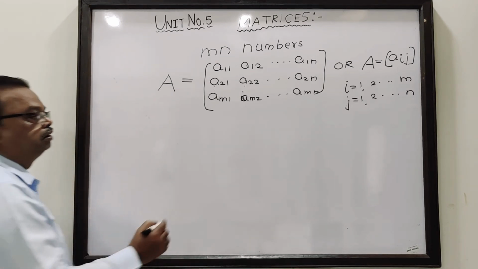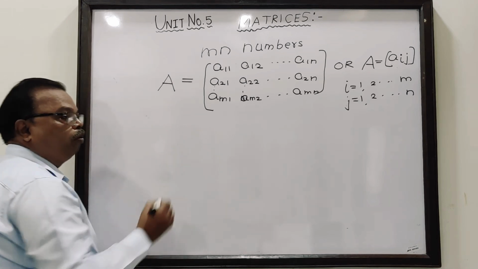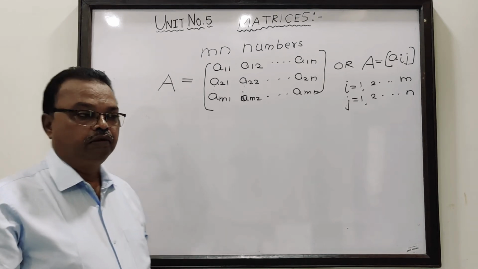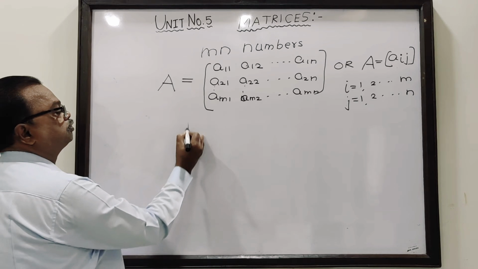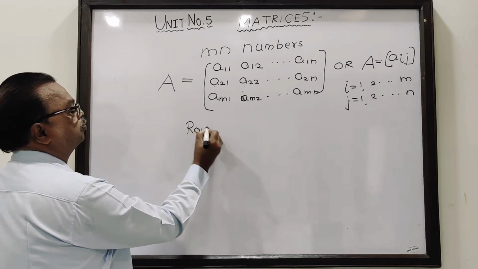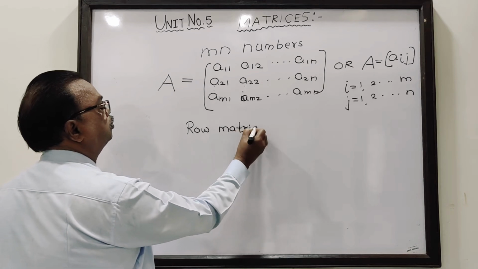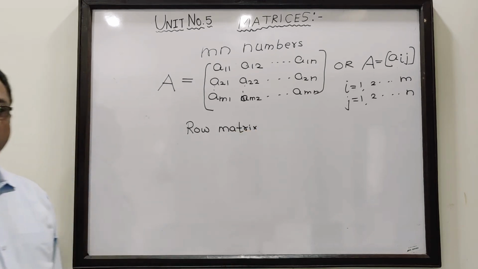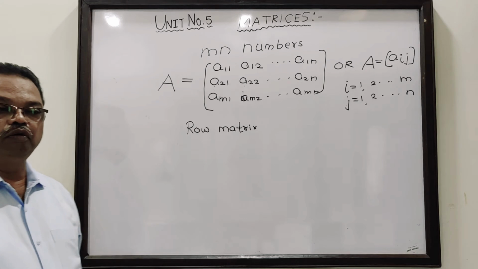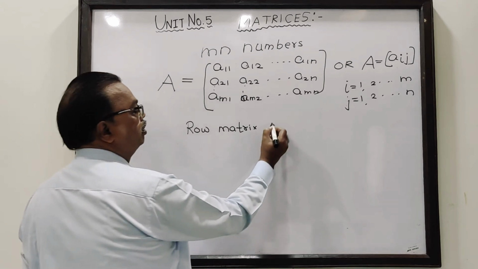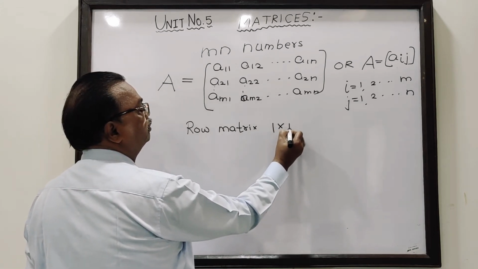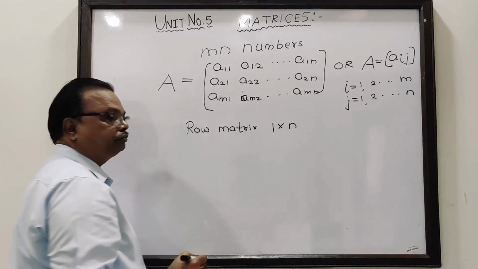Then row matrix. What do you mean by row matrix? A matrix having only one row is called a row matrix. That is, a matrix of order 1 by n is called a row matrix.